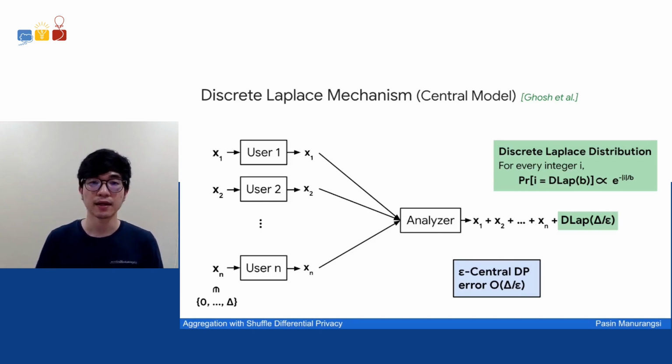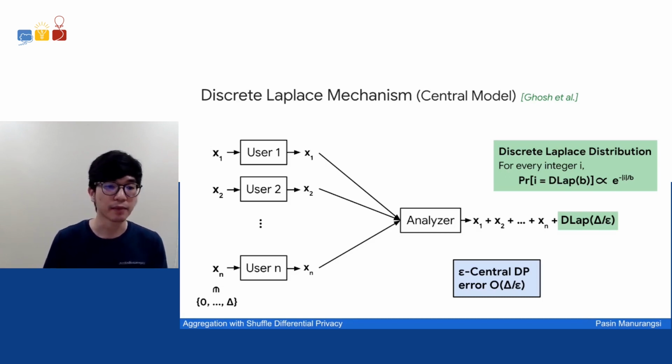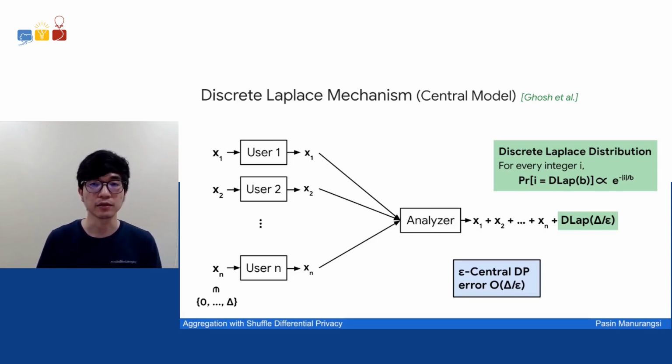And note here that even though our input xi is now not 0, 1, but 0 and so on to big delta, the algorithm still works. You just have to scale up the parameter of the discrete Laplace by a factor of big delta. And you get the epsilon central DP algorithm with error of order delta over epsilon.